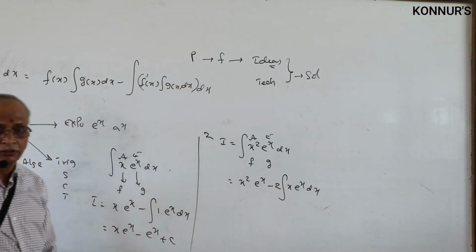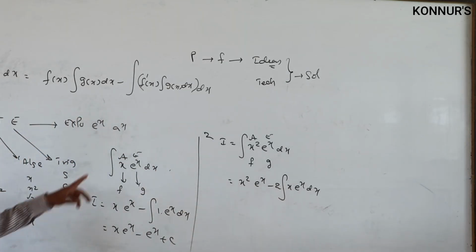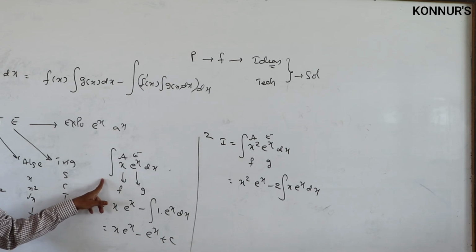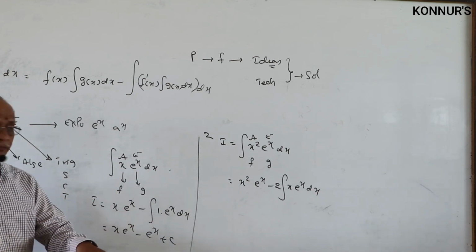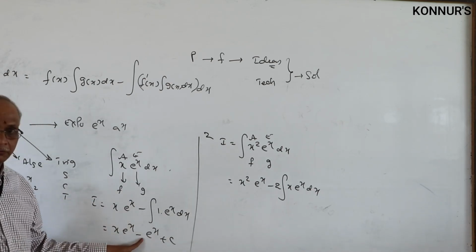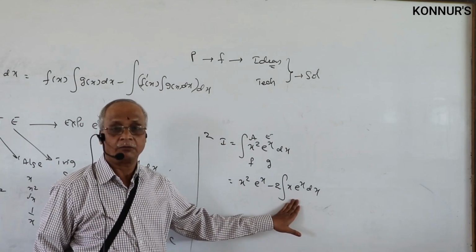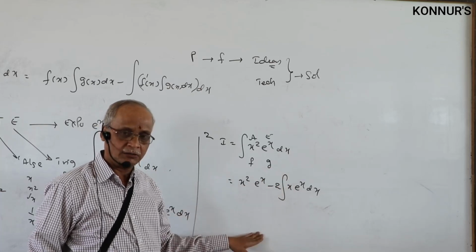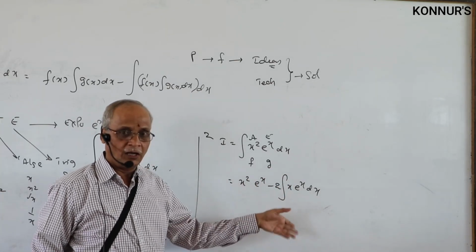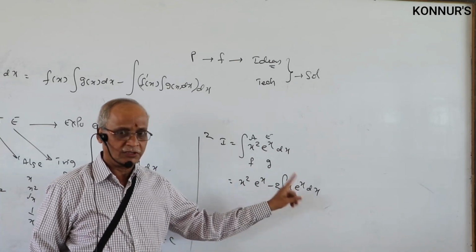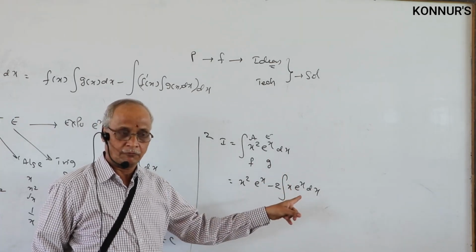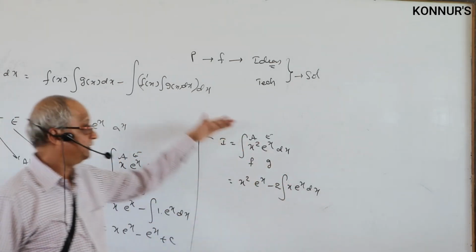Again there is a product. What is the meaning? Once you apply by parts, some problems will not end with one time. After applying by parts also, there is a product. That means you apply by parts repeatedly until this place becomes a single function.